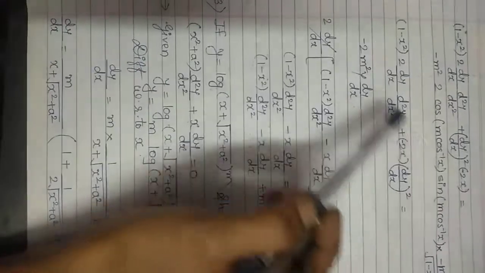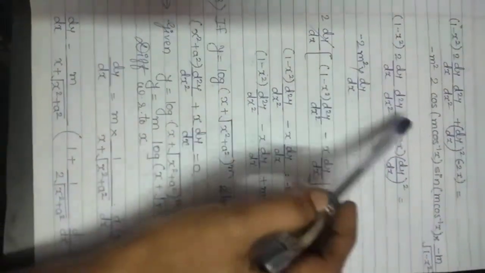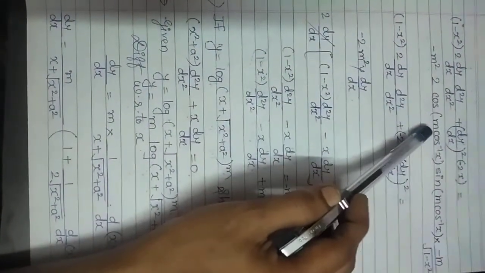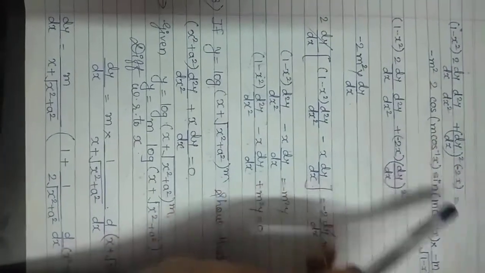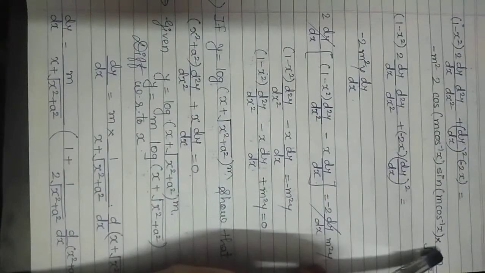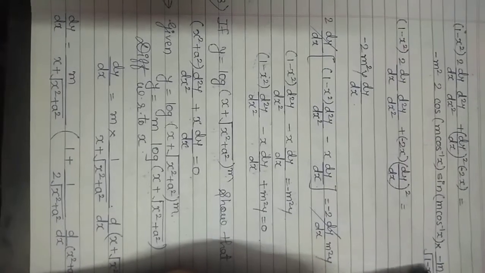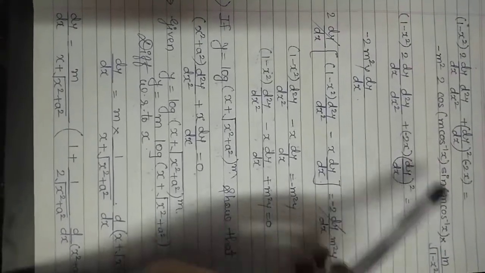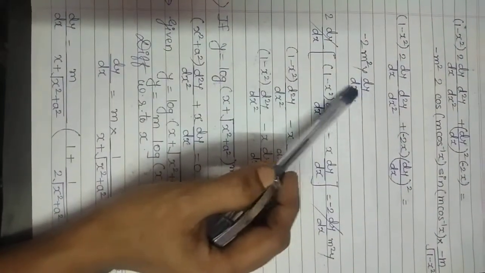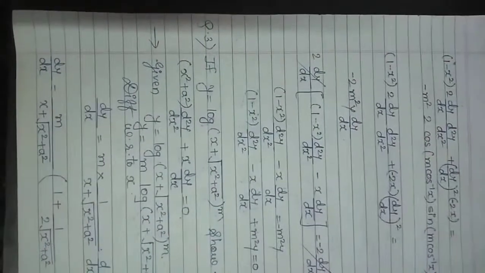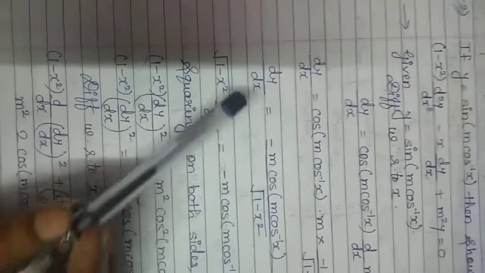So instead of this we will substitute y, and cos of m into cos inverse of x into minus m upon under root 1 minus x square is nothing but dy by dx. So at that place we will substitute dy by dx, because we already know both the values as y is equal to this term and dy by dx is equal to this term.